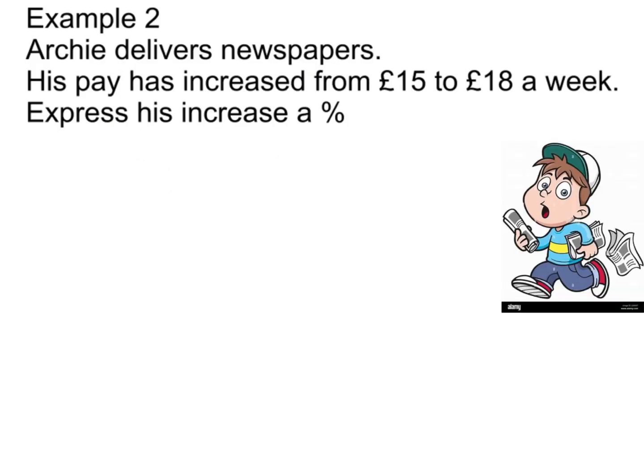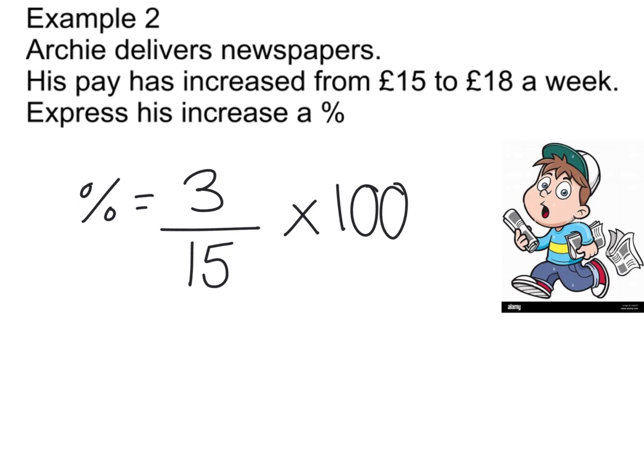So here's my example. Archie delivers newspapers. His pay has increased from £15 to £18 a week. Express his increase as a percentage. His pay has gone up by £3, yeah? So his percentage will be £3, change, over the original. It used to be £15, and then we'll times that by 100. You could go into your calculator, type in 3 divided by 15 times 100, and it will give you the answer.